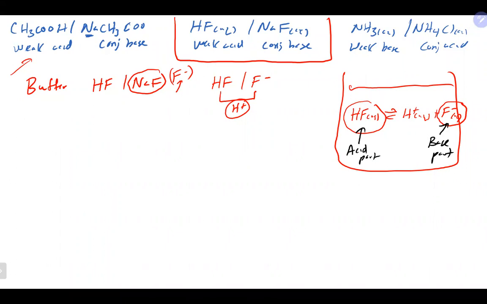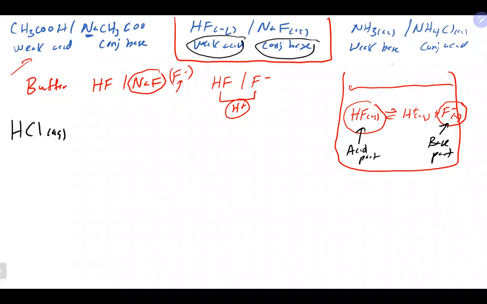So what happens now when we take our hydrochloric acid and add it to this buffer? Because this is hydrochloric acid, will it react with the acid part of the buffer or the base part of the buffer? These reactions are called acid-base reactions, right?